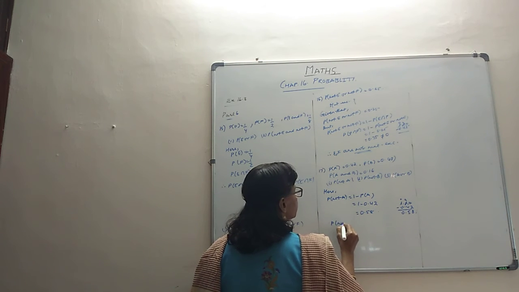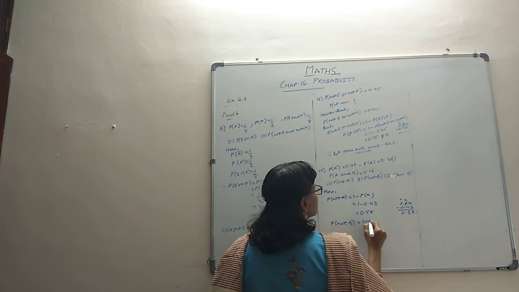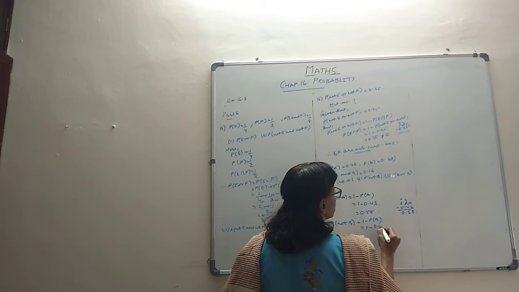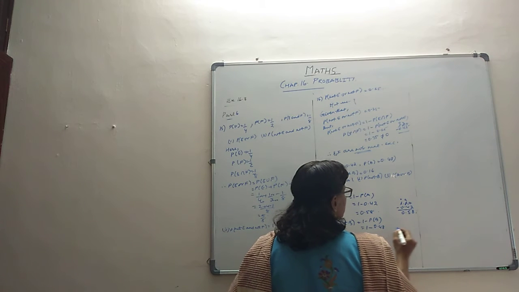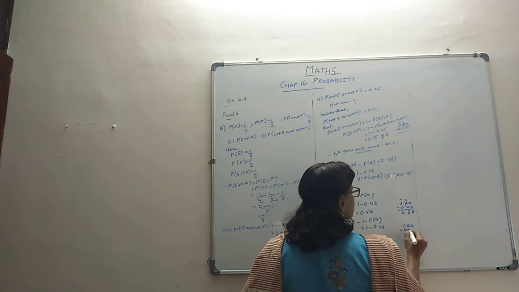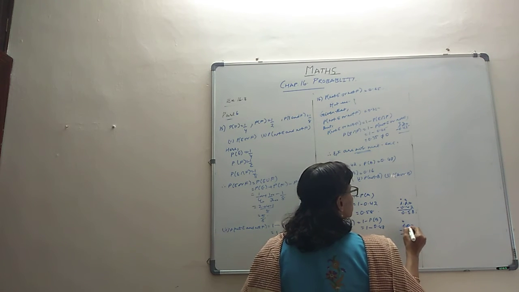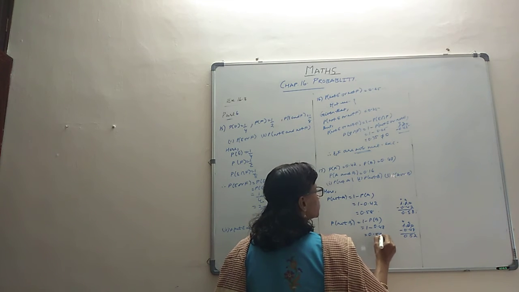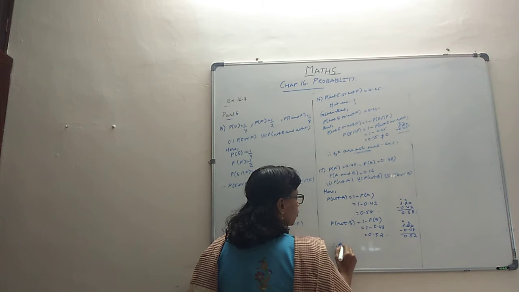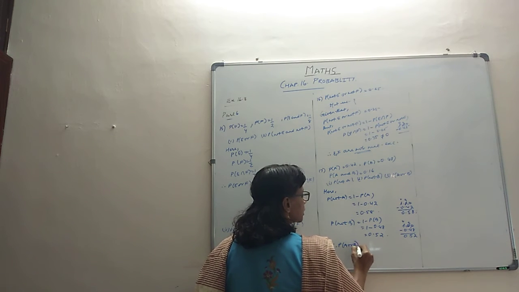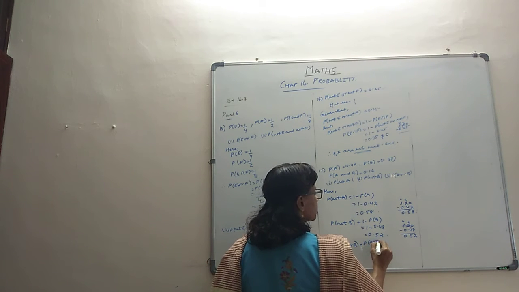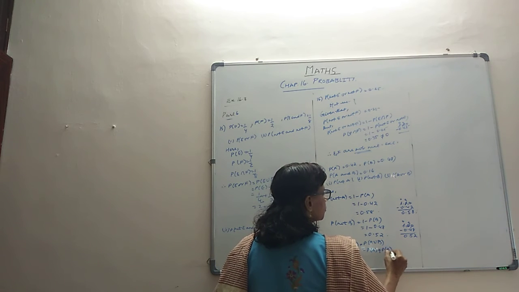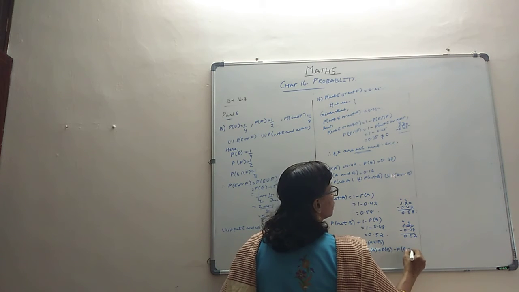Then probability of not B is 1 minus probability of B, that is 1 minus 0.48, which is 0.52. Probability of A or B means probability of A union B. It will be probability of A plus probability of B minus probability of A intersection B.